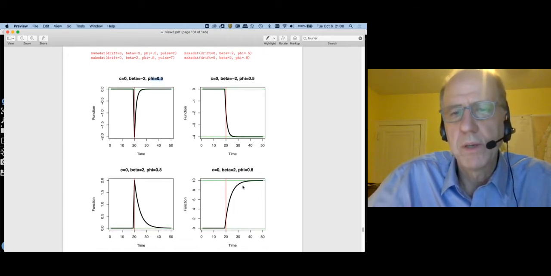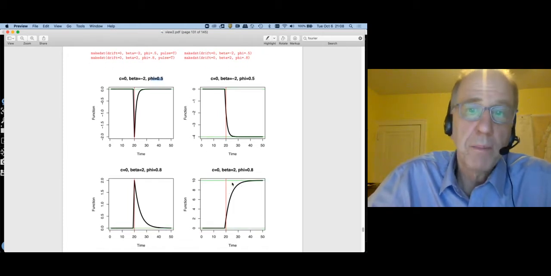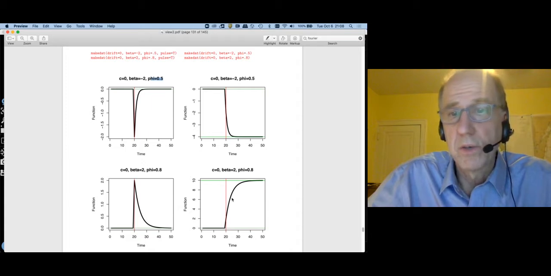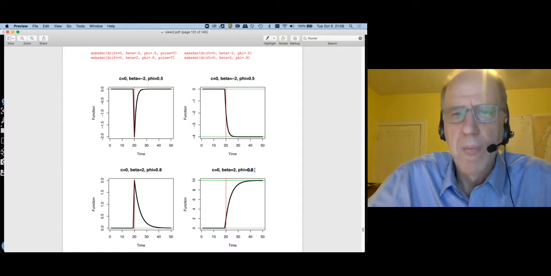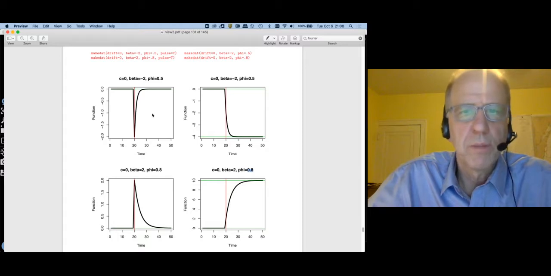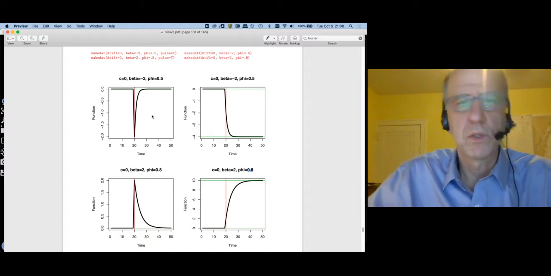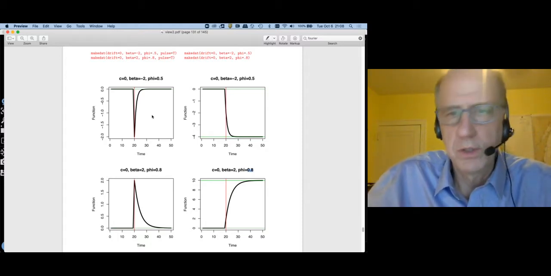Or down here, I changed two things. We made beta positive, so it has a good effect, but it's going to take a little bit longer to get there since I increased the value of phi. So this is a geometric series. These are all geometric series that describe how this function is going to reach the limit.